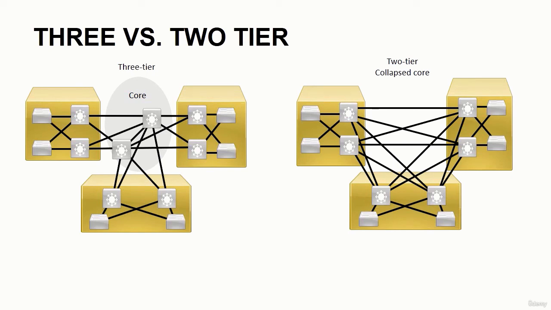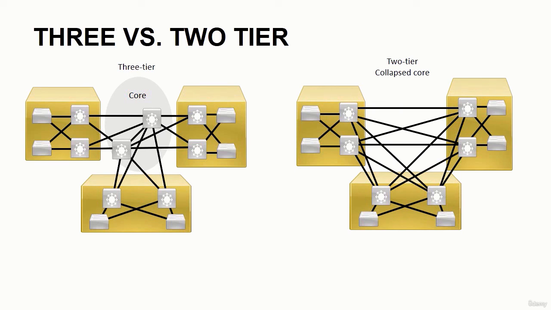The two-tier design, while it does not require the expensive core switches, has more links or more port density connected to the distribution layer switches to create a full or partial mesh of redundancy. Also note in the two-tier example, each distribution layer switch has 4 links.